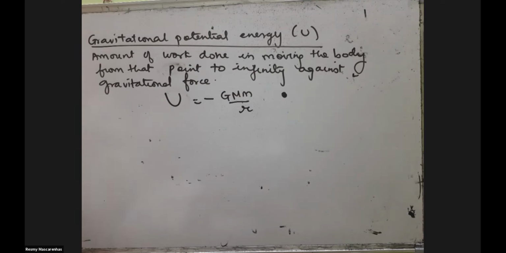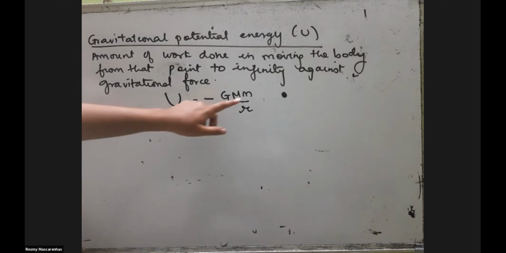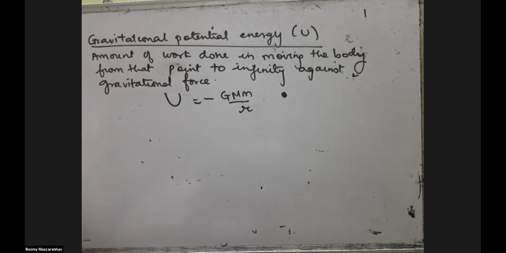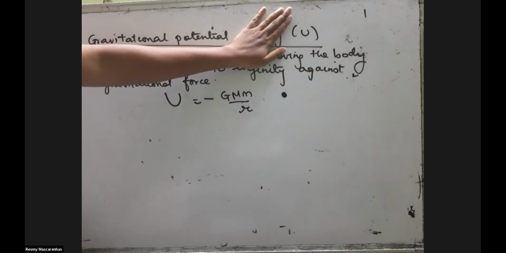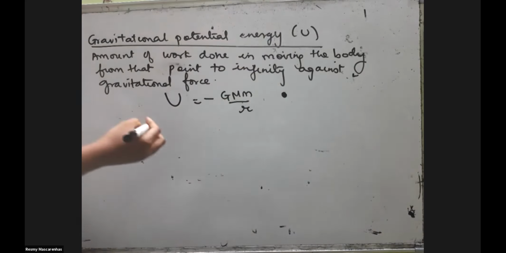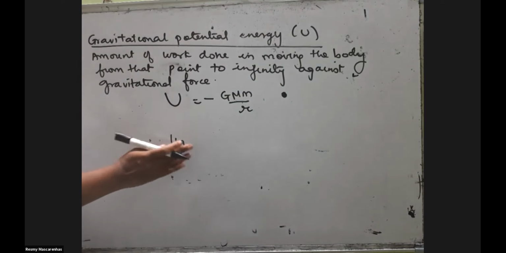Now the only difference here is the mass is not 1 kg. There it was unit mass. Here it can be any mass, 10 kg, 20 kg, it doesn't matter. Potential, just normal potential, would be taking 1 unit.